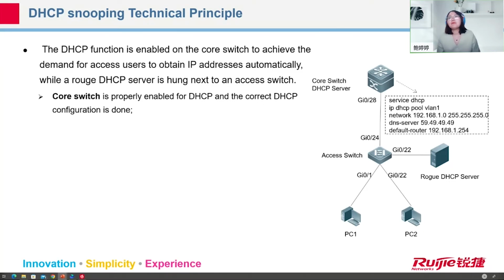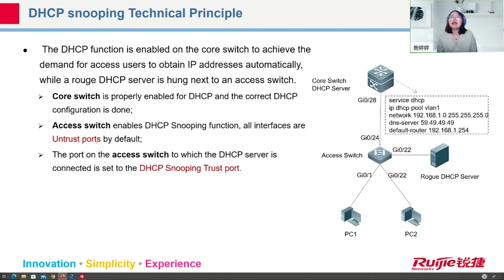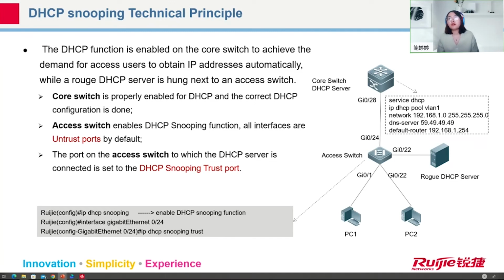This is the key configuration on the switch acting as the DHCP server. Then the access switch will enable the snooping function, so all the interfaces will become untrusted ports by default. Then we can make GigabitEthernet 0/24, which connects with the core switch and the DHCP server, become the trust port. Here is the configuration. First, we have to enable ip dhcp snooping, and then all the interfaces will become untrusted by default.